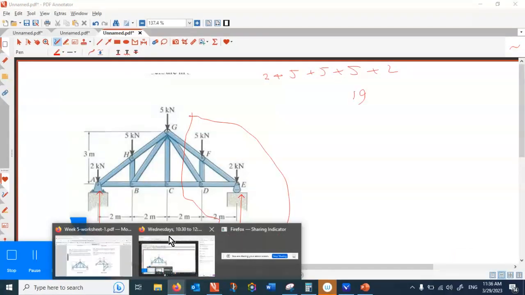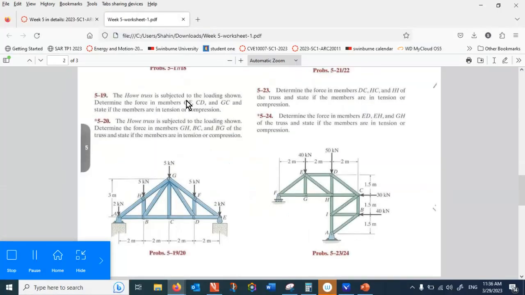So let's see what the question is asking. Yeah, this one is asking for these forces. Maybe the other one has some complication. I don't know why this is a star equation. This is not a star equation, because to me this structure is symmetric, and if you find these forces, they will be the same as the other side.